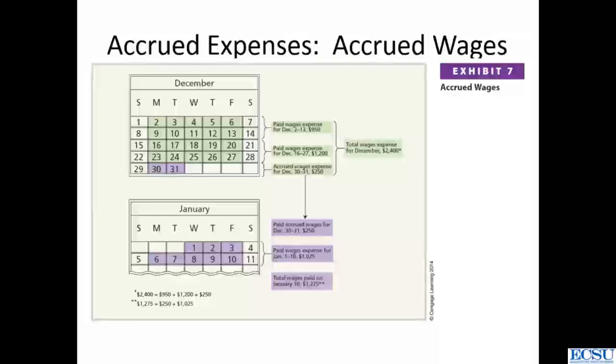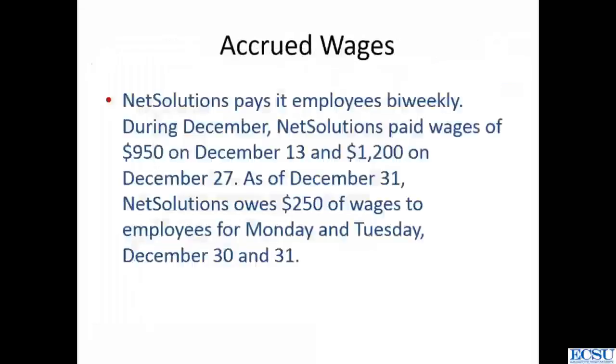Now, next example is the accrued wages account. Of course, Net Solutions pays its employees bi-weekly. During December, Net Solutions paid wages of 950 on December 13 and 1,200 on December 27. As of December 31st, Net Solutions owes 250 of wages to employees for Monday and Tuesday, that being December 30 and 31st.